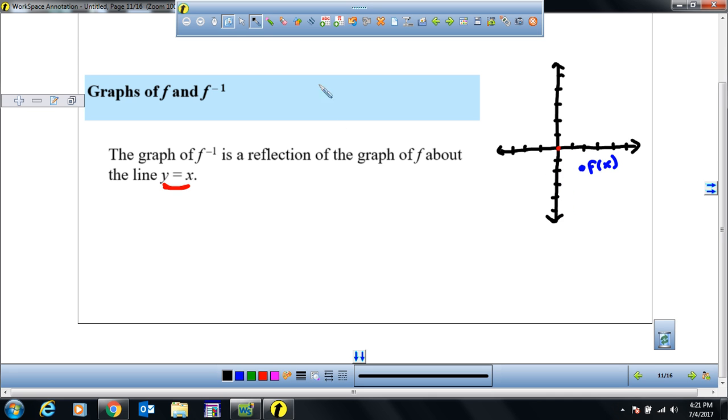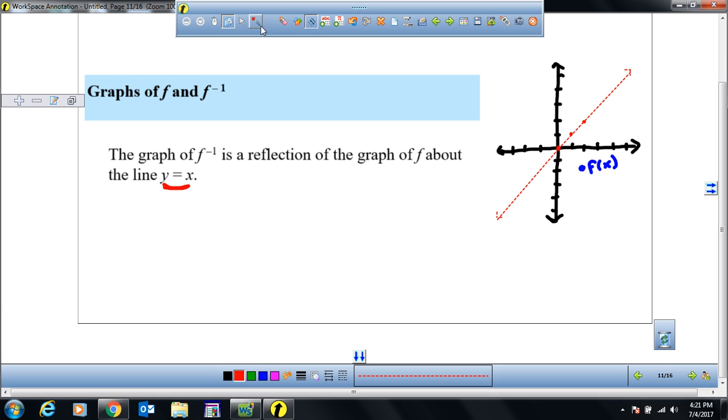If I have a y-intercept of 0, meaning it passes through the origin, and a slope of 1 over 1, it means that it increases 1 and goes to the right 1 from point to point. So this is my line y equals x. I'm just going to make it a dashed line right here. This is my line y equals x going this direction and also going the other direction.